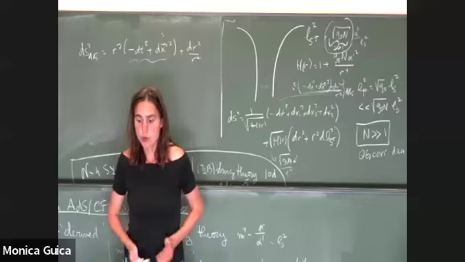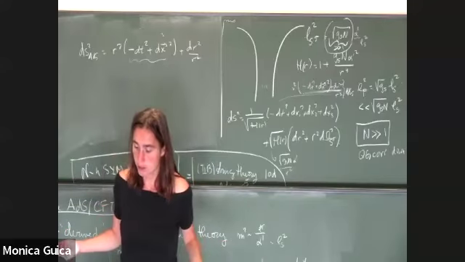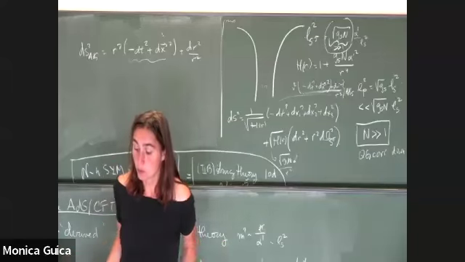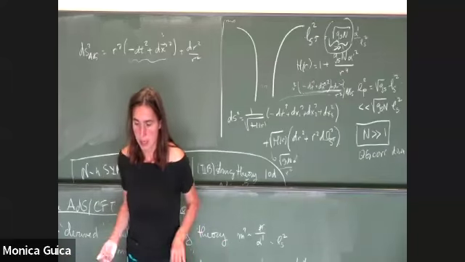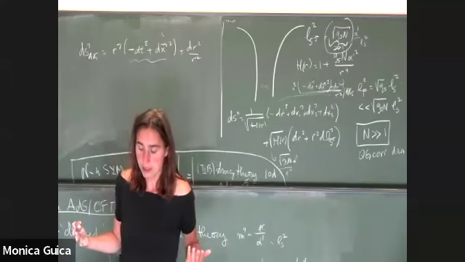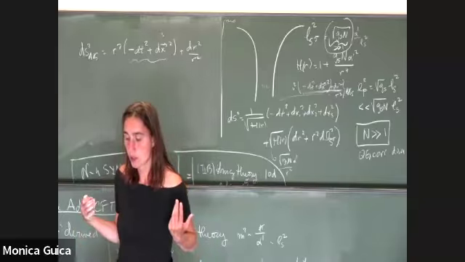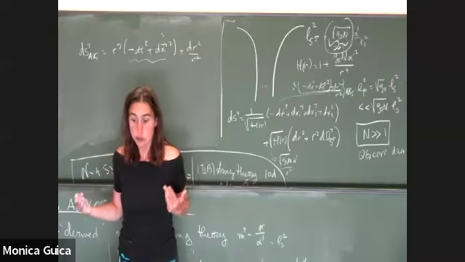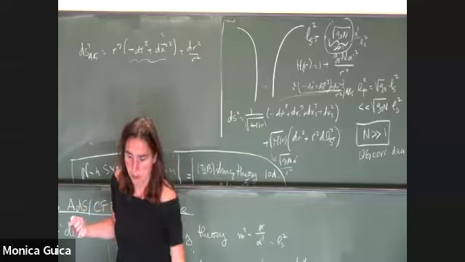And you can ask yourself, what's the meaning of this radial direction from the point of view of the CFT? And traditionally, this direction was identified with an energy scale in the CFT.